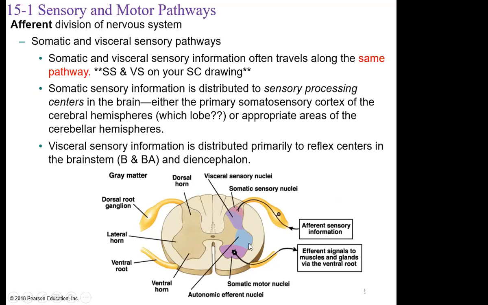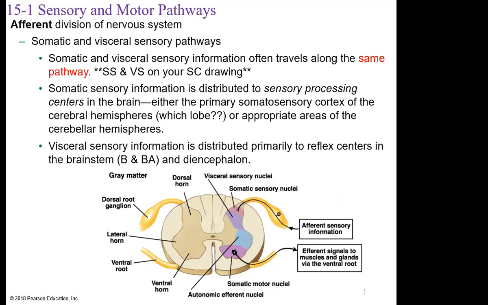And then of course in the lateral horn, we're going to have our VM, that's our visceral motor, and in the anterior gray horn, we have our SM, our somatic motor. So this is all just a recap. You just want to make sure that you remember the somatic sensory and the visceral sensory, because we're going to be talking about so much sensory today.